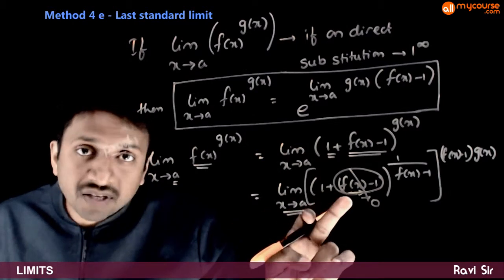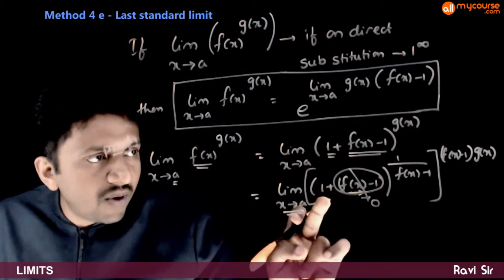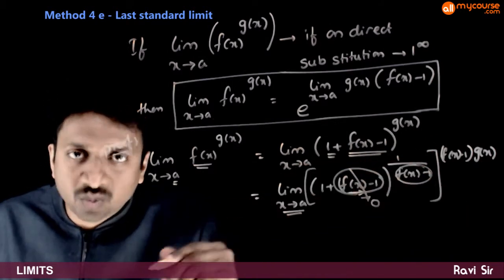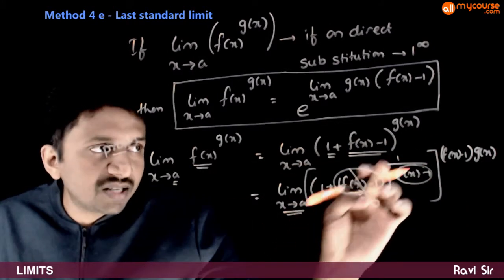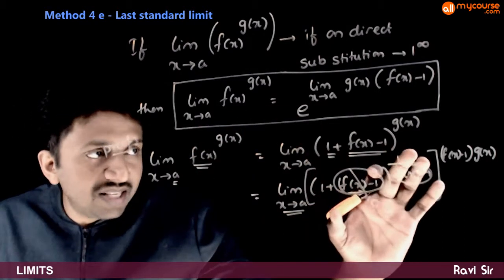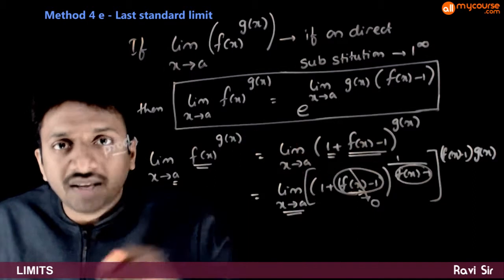So as f(x) minus 1 goes to 0, (1 plus (f(x) minus 1)) whole power 1 by (f(x) minus 1) looks like (1 plus x) whole power 1 by x as x goes to 0. So this goes to e, right?